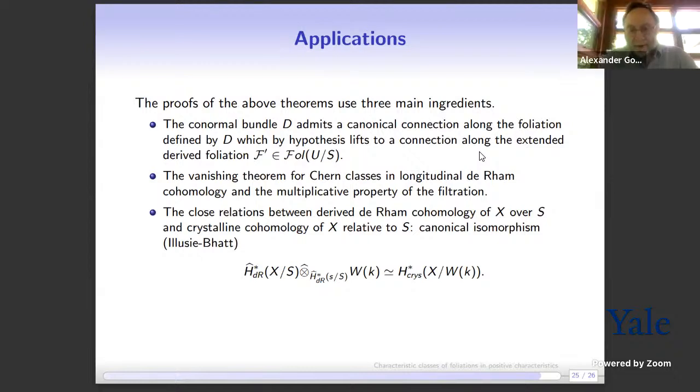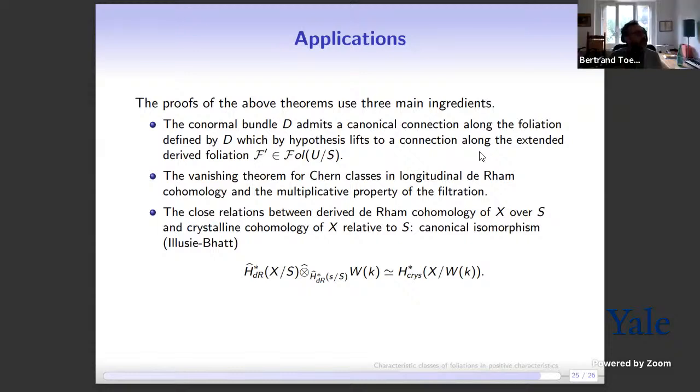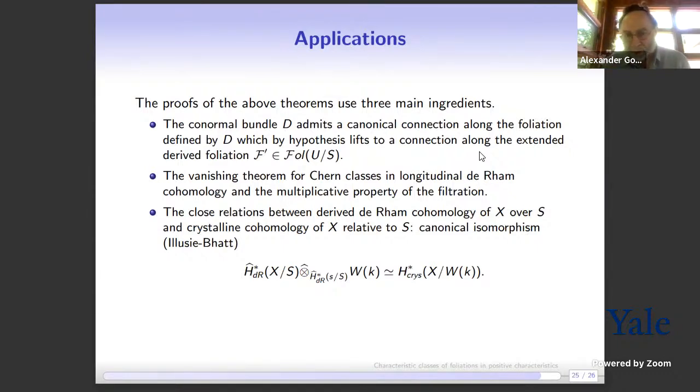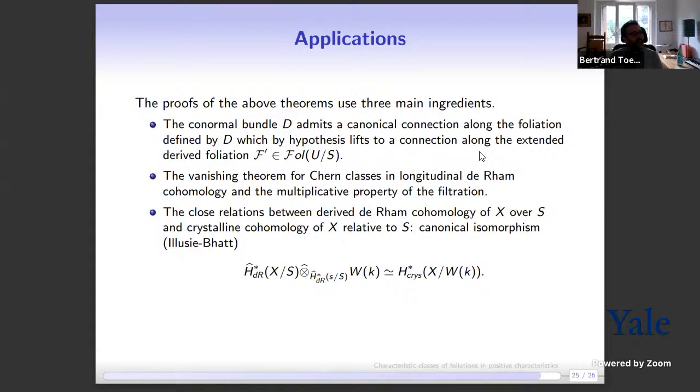Yeah, syntomic cohomology is the p-analog, I would say, of the Hodge cohomology. They are all kind of shadows of motivic cohomology. So my guess is that you wouldn't escape the existence of this F prime, and I didn't comment about this at the end.